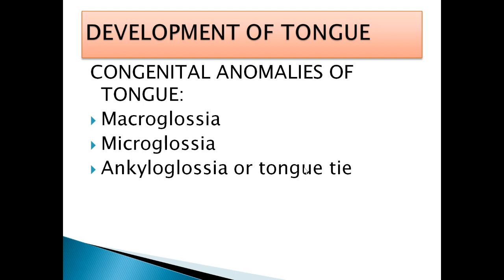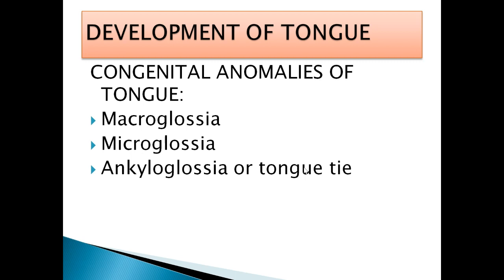Ankyloglossia or the tongue tie. When the alveolo-lingual sulcus separates the tongue imperfectly from the floor of the mouth, then that is called as the ankyloglossia or the tongue tie. In this, the movements of the tongue will be restricted and the lingual speech will be disturbed.